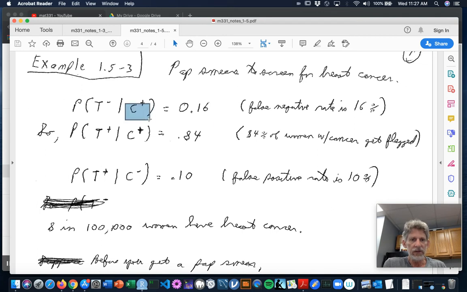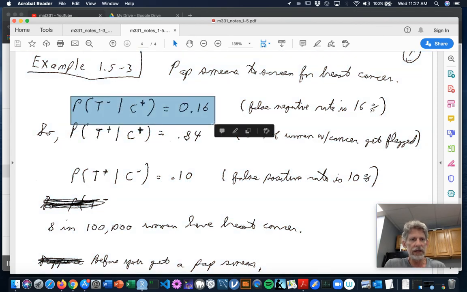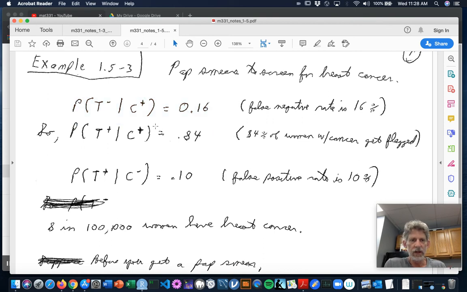C plus stands for you have breast cancer, and T minus stands for the event the pap smear test came out negative. So you can express the false negative rate mathematically as the probability of T minus given C plus is 0.16.